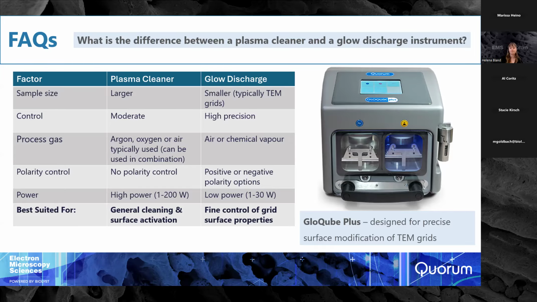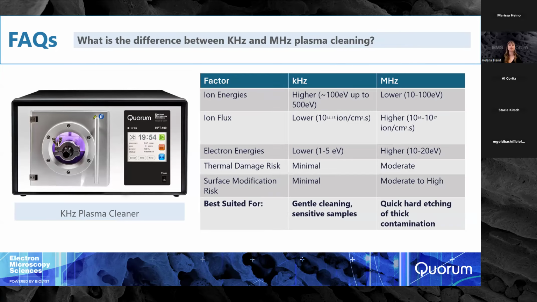The next question that we get a lot is, what's the difference between a kilohertz and a megahertz plasma cleaner? At Quorum, we sell kilohertz plasma cleaners, but you may be aware that megahertz plasma cleaners are also available from other vendors. The key difference is that the electron energies inside a kilohertz plasma cleaner are much lower compared to a megahertz plasma cleaner.